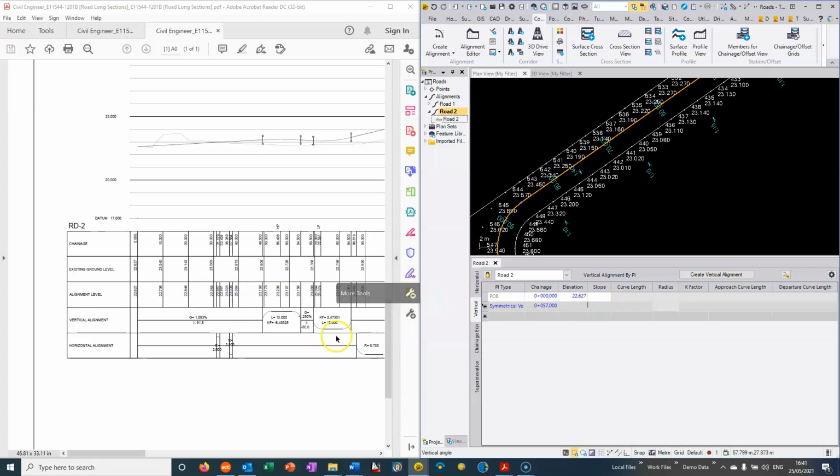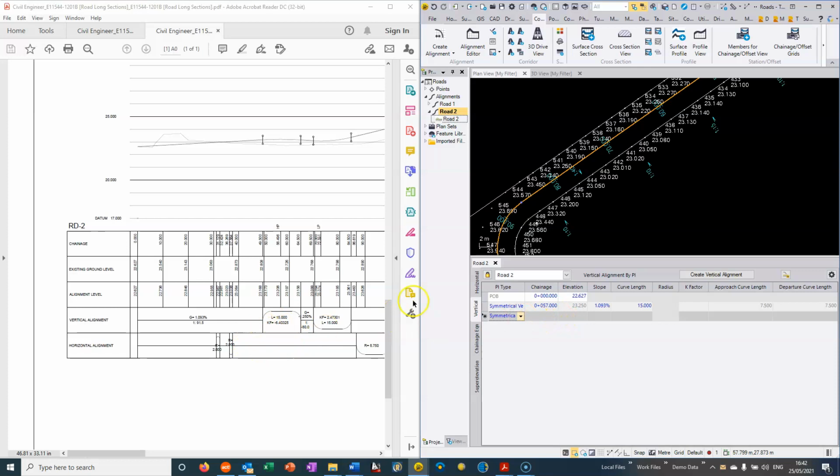And then we can put in the slope as 1.093, and the curve length is 15. And the elevation that's given here is basically the elevation of the vertical point of intersection. So this elevation will not actually fall on the road itself. It is the intersection of the grade going into it and the grade going out of that parabola.